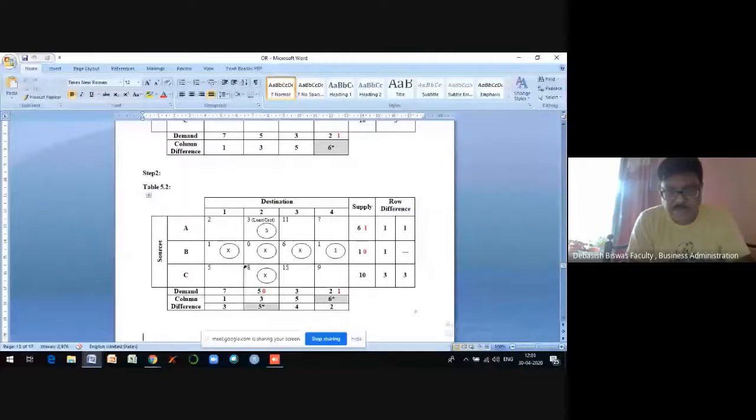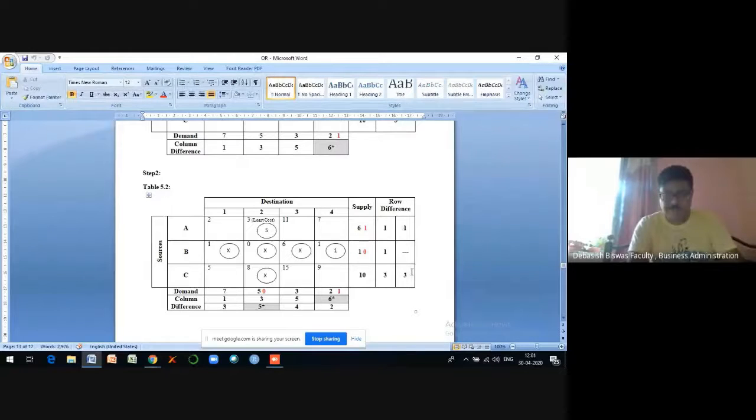So the difference is 8 minus 3 equal to 5. Then 11 and 15, 15 minus 11, the difference is 4. Then 9 minus 7, the difference is 2. So again, we have to compare all the differences: 3, 5, 4, 2, 3, 1.